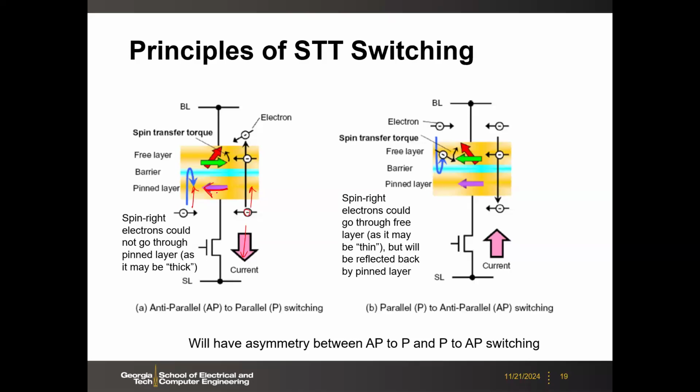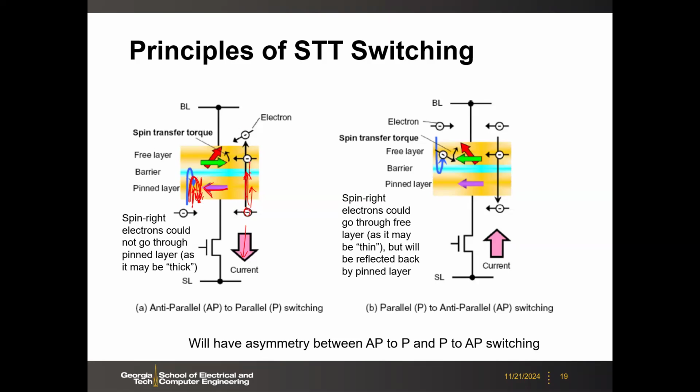Then it has a property: it will only allow the electrons with the same direction to pass. So this magnetic material will reject the spin right electrons, which will be bounced back. Only the electrons pointing to the left can go through this pinned layer.